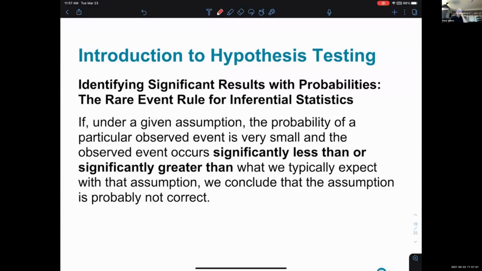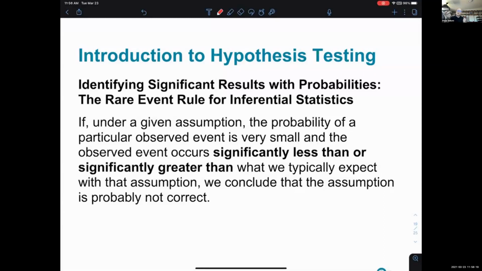Maybe the fact that the first 100 people that I looked at bonked their head half the time means I was wrong. I guess 6 feet is not high enough, because it's so unlikely that if I was right, I would happen to get a group of so many people bonking their heads in this sample. This is the concept of hypothesis testing: the way you can test an assumption is to look at a sample.